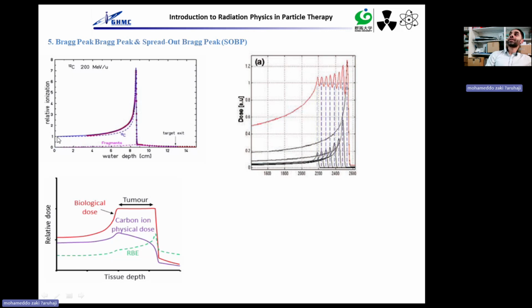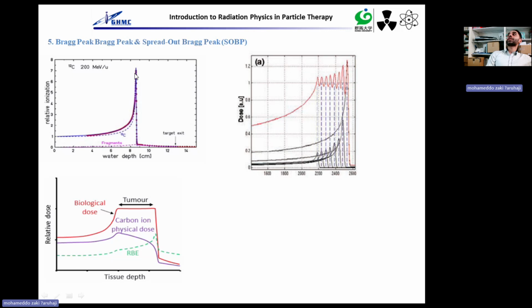When the excitation and ionization is happening, the charged particle is slowing down, which means stopping power getting higher. Stopping power getting higher along the path until the charged particle stops, loses all its energy, rapidly falls down.